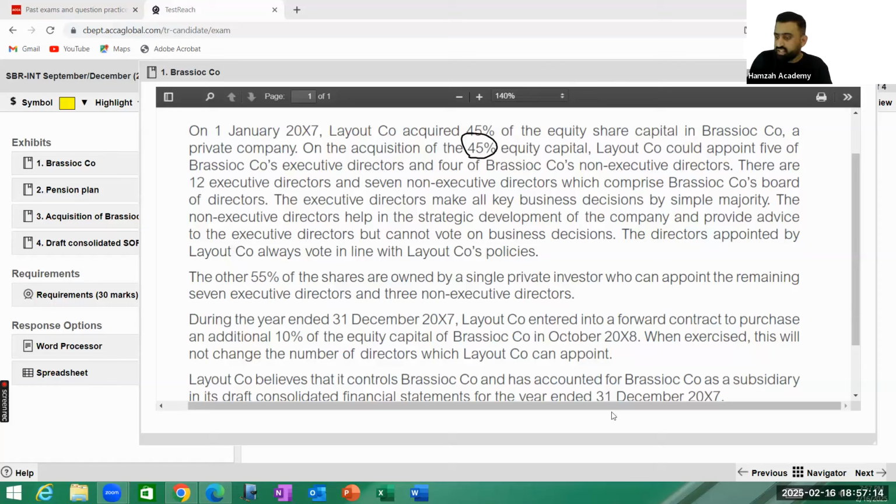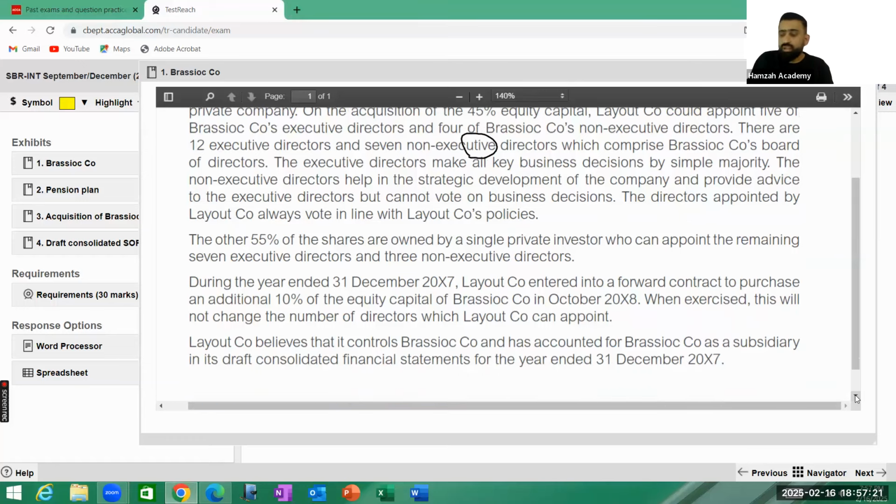So even if that is exercised, you cannot appoint more than 5 executive directors. That would not change. Layout company believed that it controlled the B company and has accounted for B company as a subsidiary in the consolidated financial statements for the year ended 31st December X7.